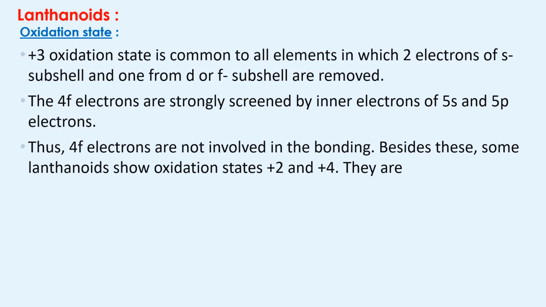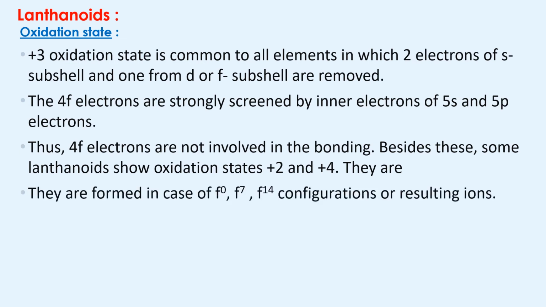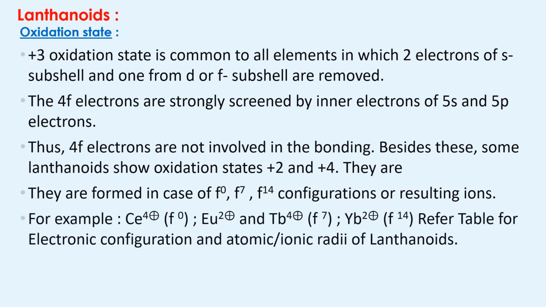Some of the lanthanides show +2 and +4 oxidation states, and they are formed in f0, f7 and f14 configurations. For example, cerium in +4, europium in +2, terbium in +4, ytterbium in +2. Refer to the table for electronic configuration and atomic radii.